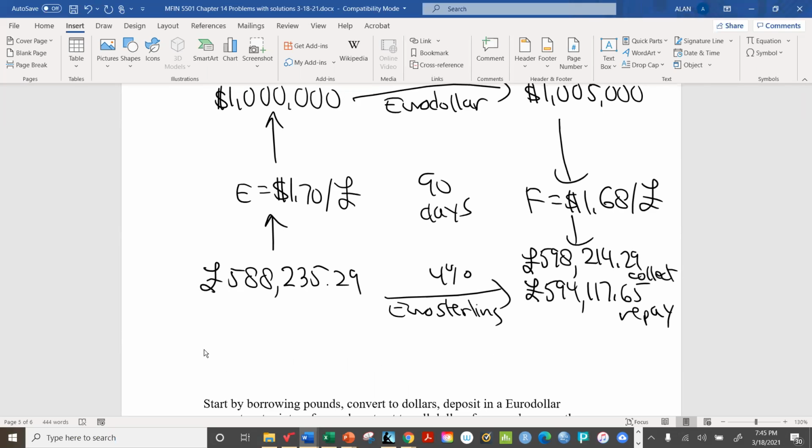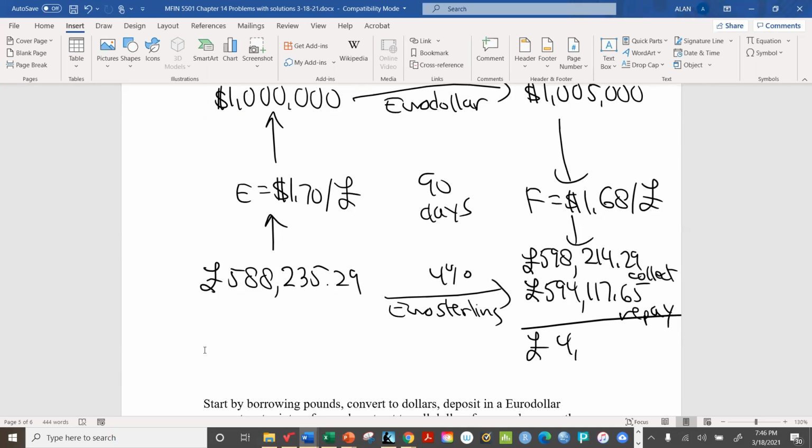All right, so if you subtract one from the other, you'll get, what is that, let me use the calculator. It's getting late at night here. 598,214.29 minus 594,117.65.